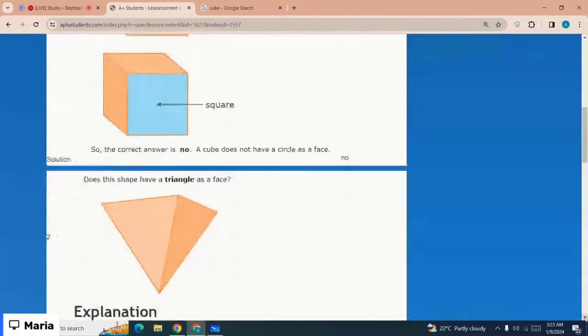Does this shape have a triangle as a face? Which is the correct option?